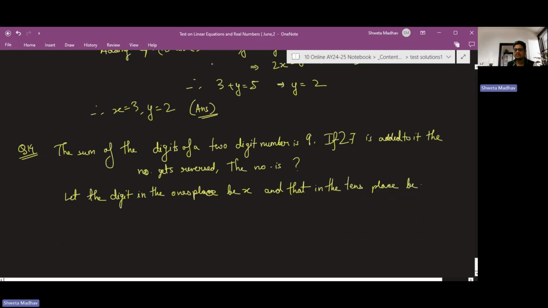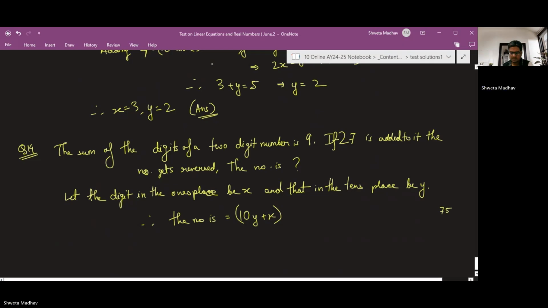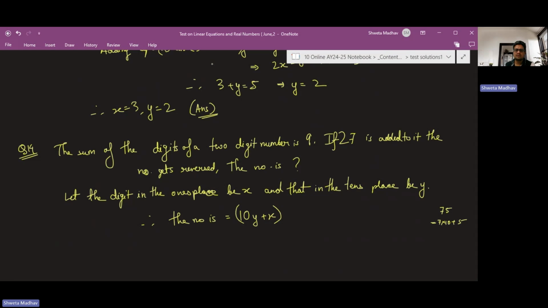So the number is 10y plus x. Suppose you have a number 75, then we can write it as 7 into 10 plus 5. This will be 10y plus x. Therefore the number is 10y plus x.